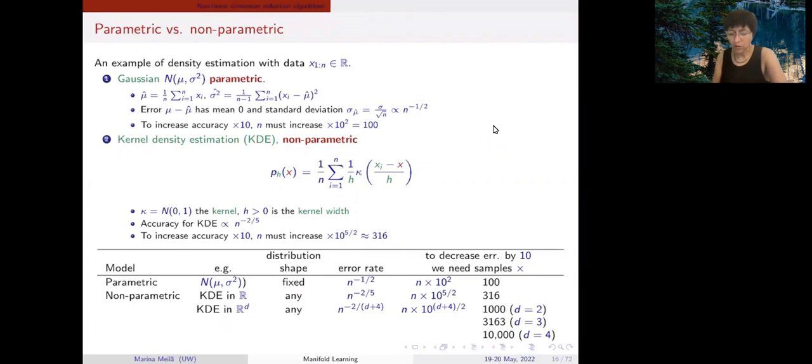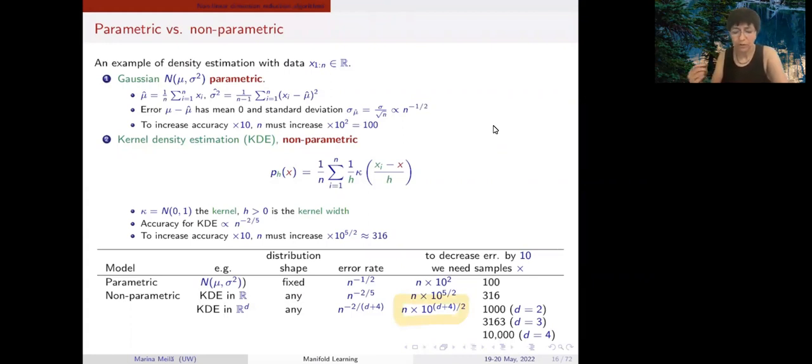This means that the number of samples needs to grow exponentially in the dimension to increase accuracy. That is the main problem with non-parametric estimation, and sadly, manifold learning does have the same characteristic.